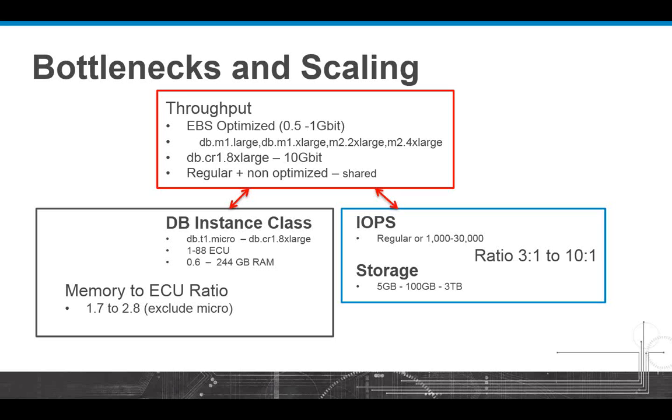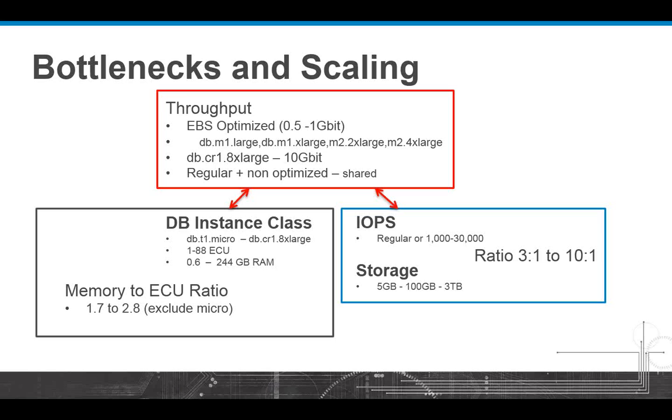You can go anywhere between 1,000 to 30,000 IOPS. Along with these two knobs, the thing to keep in mind is the throughput knob, which we just discussed in terms of channel bandwidth. We have a variety of instances ranging from 500 Mbps to 1 Gbps of available bandwidth to EBS, and that dictates the number of IOPS that you'll actually be able to realize.